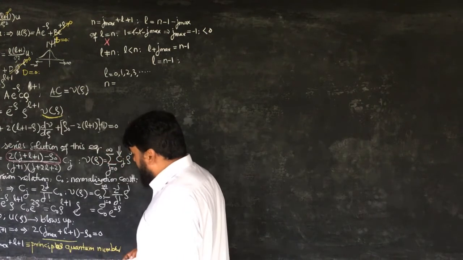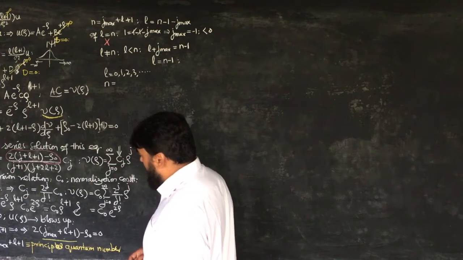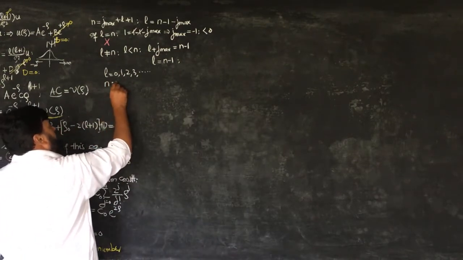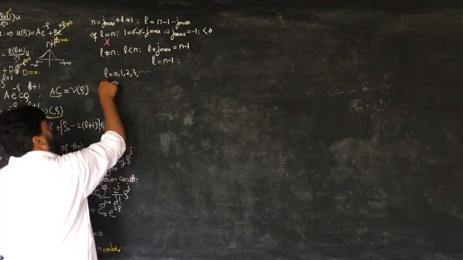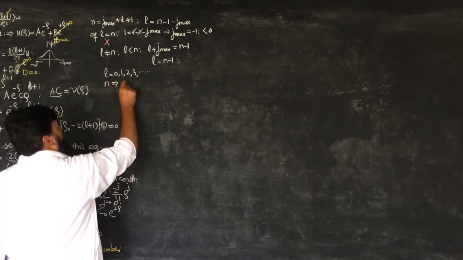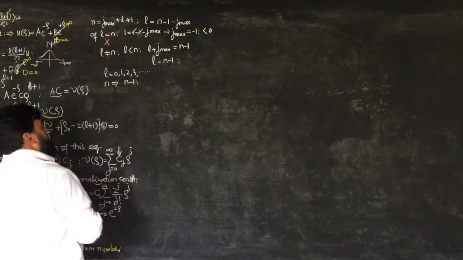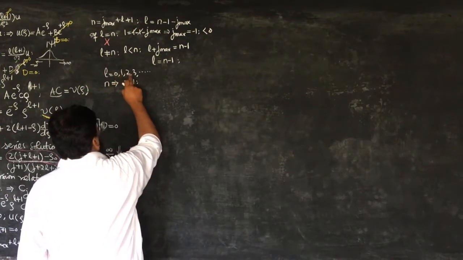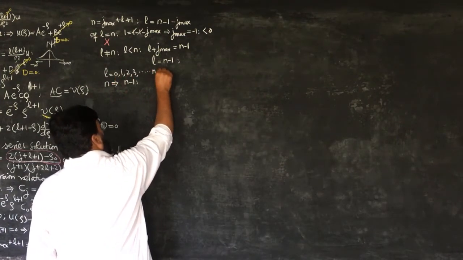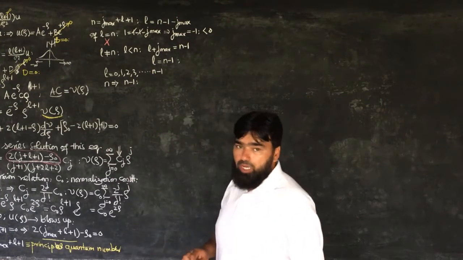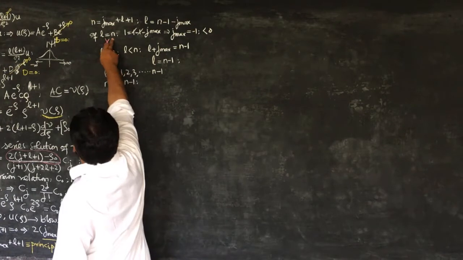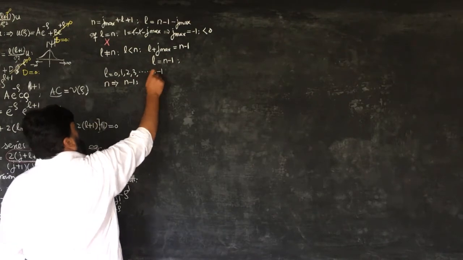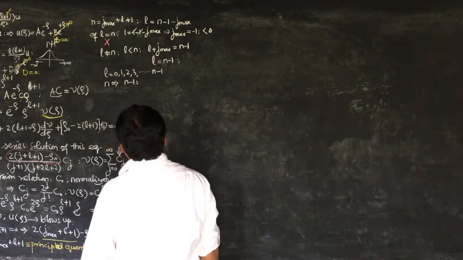We don't know at the moment what its values will be, but N is a number, and the maximum value that L can have is N minus 1. So its values are 0, 1, 2, 3, 4 and so on, and its maximum value will remain N minus 1. It cannot be equal to N. So here we are having this restriction on the value of L.